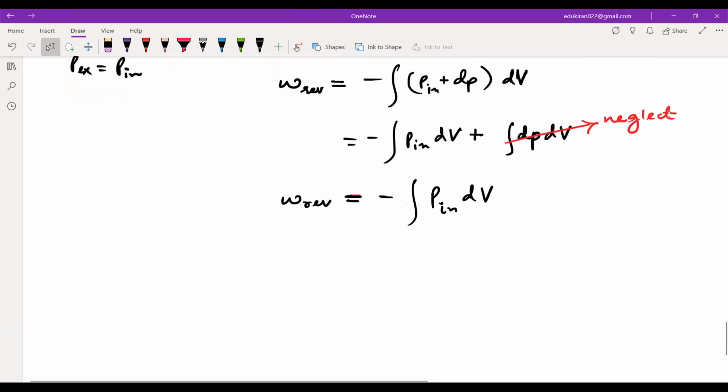Now, this P internal is the internal pressure of the system, and this volume is also of the system.